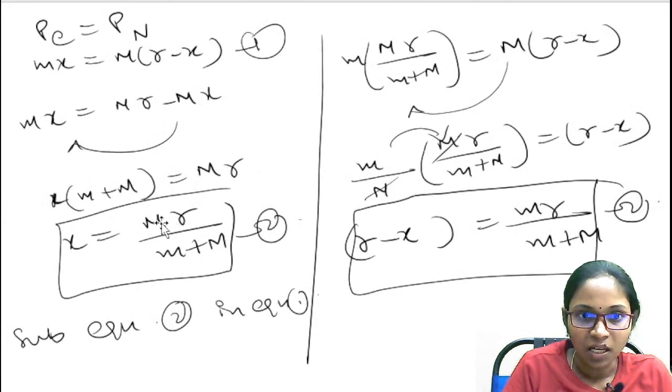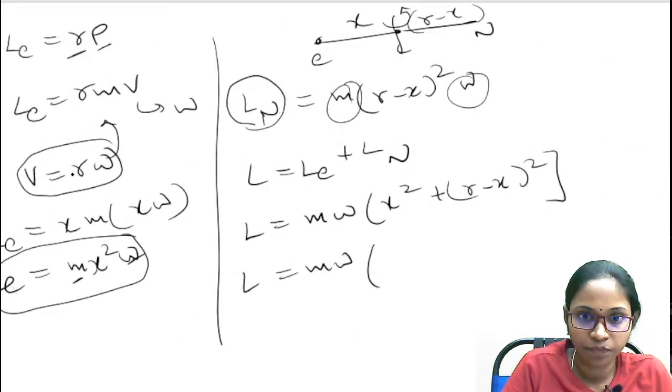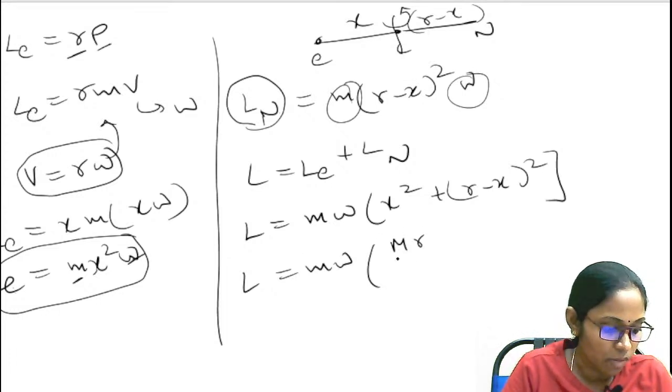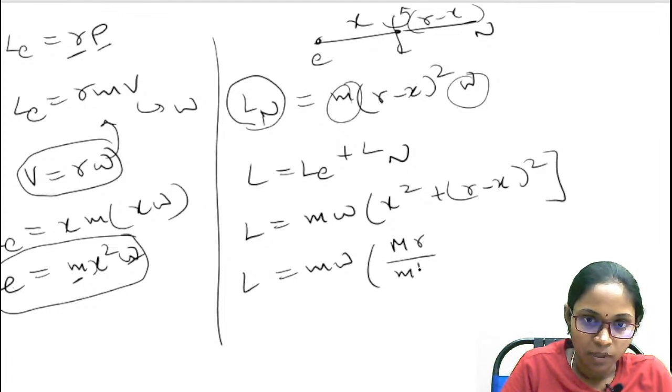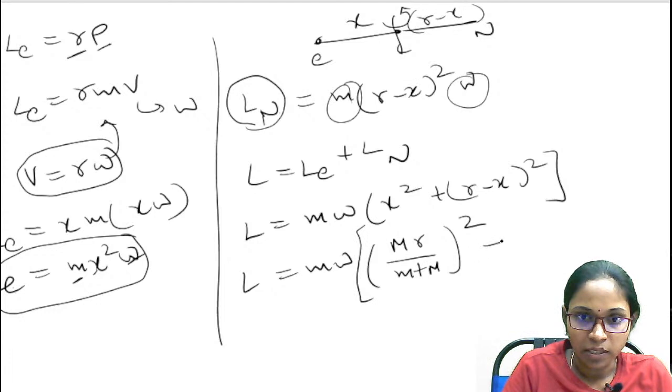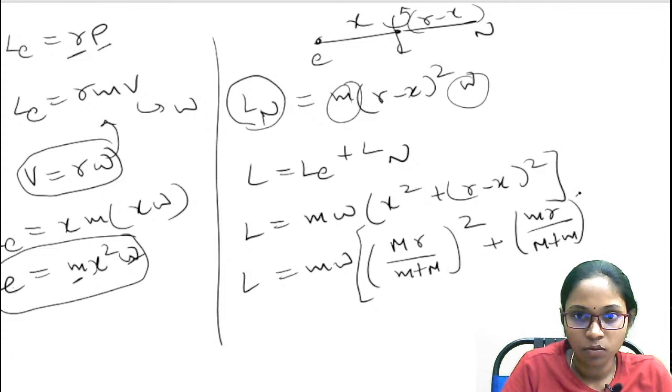It is capital M r by (small m plus capital M), and r minus x is small m r by (capital M plus small m), each whole square.